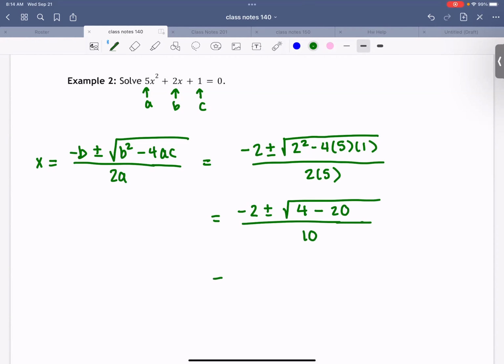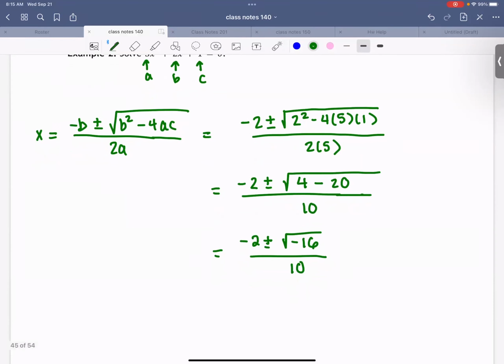All right, we have 4 minus 20, which is -16 over 10, right? We have a square root of a negative, which normally we used to say there was no real solutions here. Any ideas on what we can do? Grace?